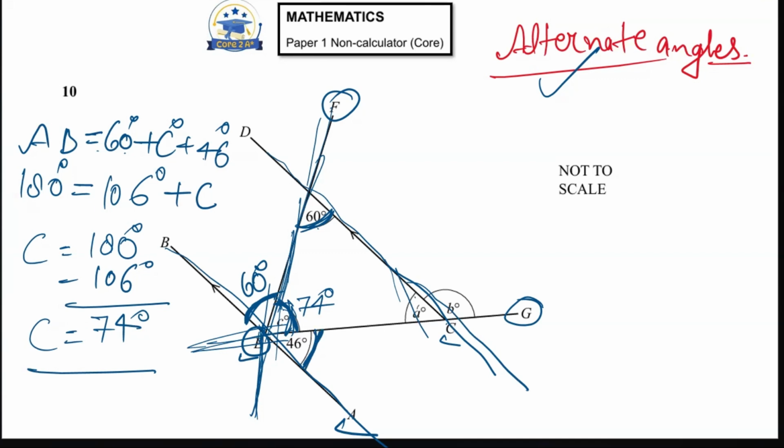See here, this is 46 degrees. If this is 46 degrees, the angle A would also be 46 degrees. Why? Because of alternate angles, right?